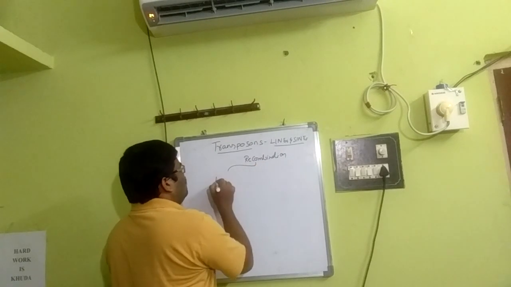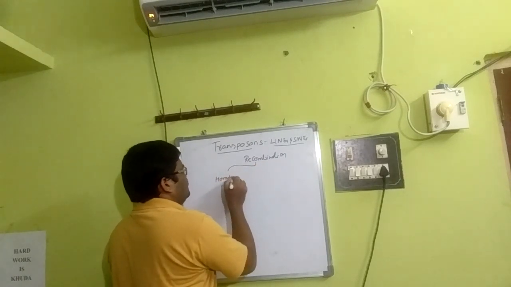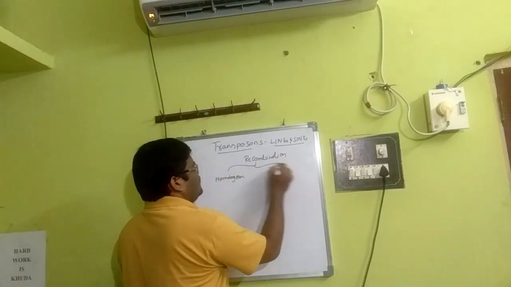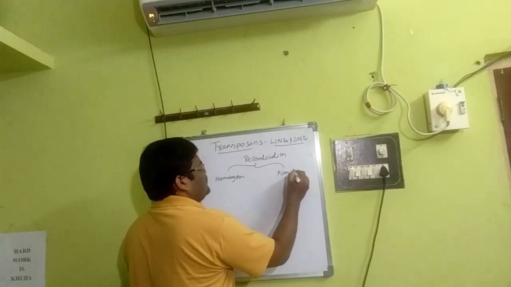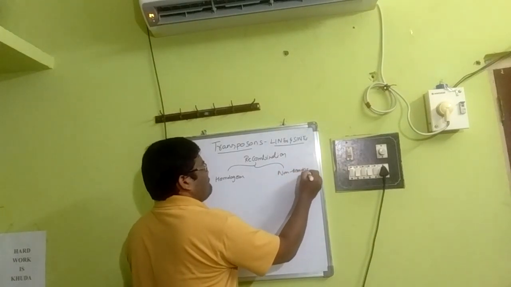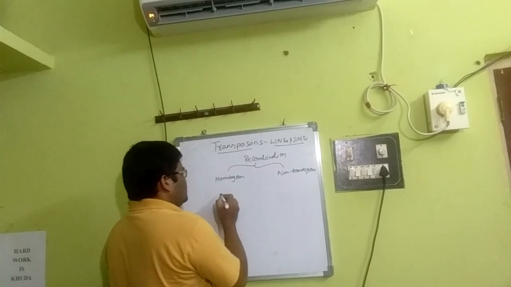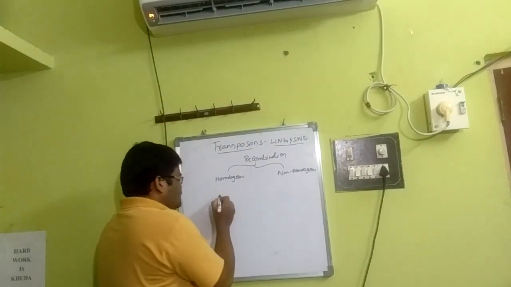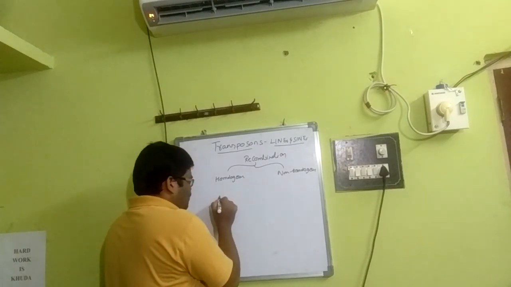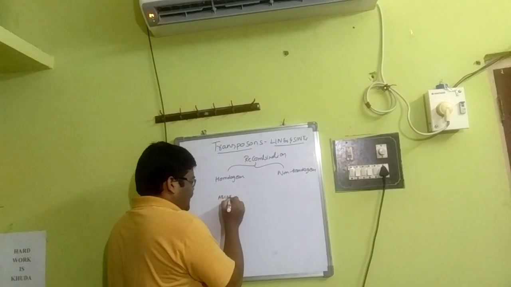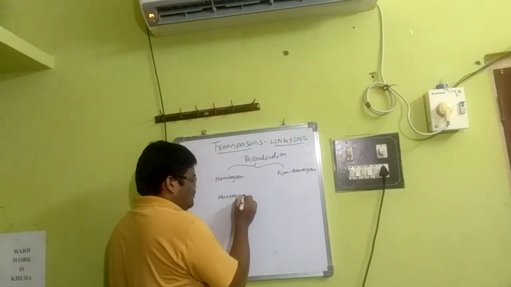Just for understanding, recombination is of two types, homologous and non-homologous. In homologous recombination, consider two parental chromosomes for easy understanding.